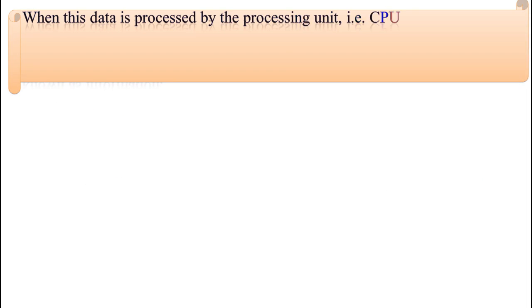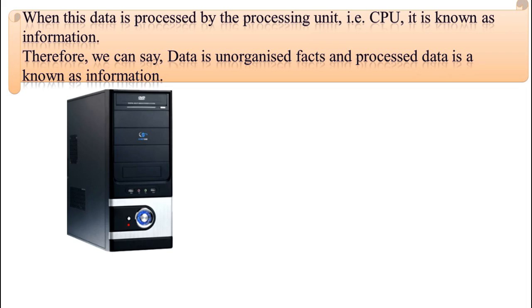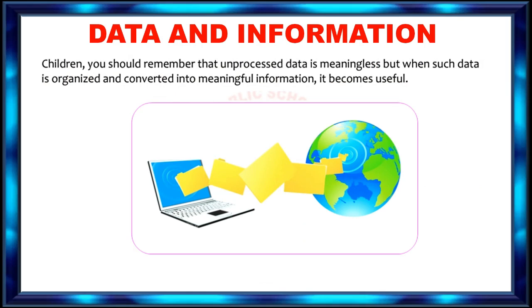When this data is processed by the processing unit, that is the CPU, it is known as information. Therefore, we can say data is unorganized facts and processed data is known as information.